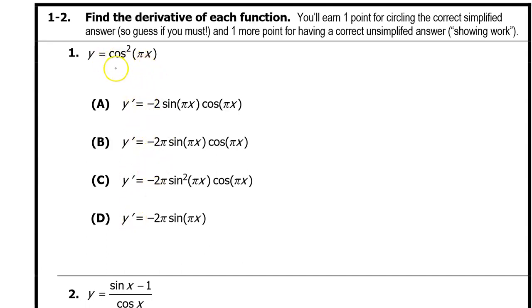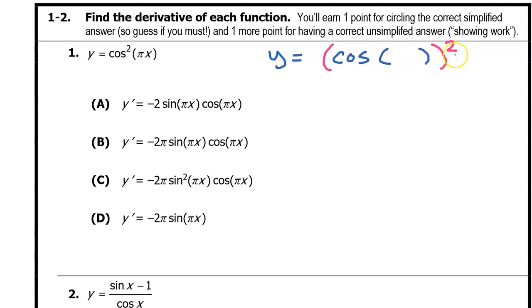For problem number 1, I can tell this is going to be a chain rule problem. We actually will have to use the chain rule twice because this is a function within a function within a function. Let me rewrite the problem to make it more obvious. When you have cosine squared like this, it really means that you're squaring the entire cosine function.